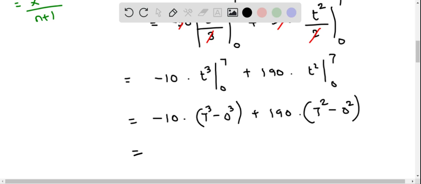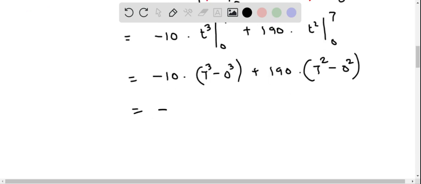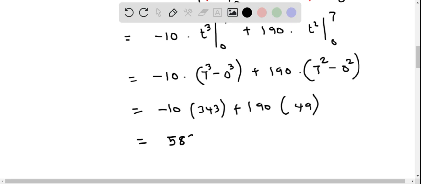Let's evaluate this. Negative 10 times 7 cubed, which is 343, plus 190 times 7 squared, which is 49. We can plug this into the calculator, and when we do that, we get 5,880.